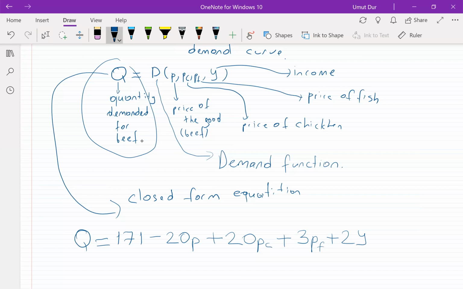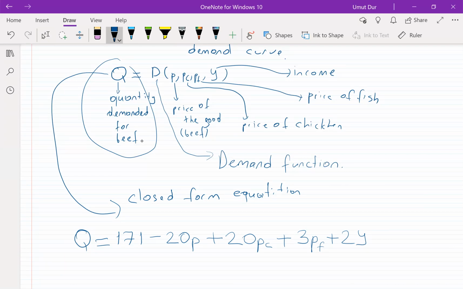So basically it is saying that when the prices of all goods are zero and you don't have income, somehow you demand 71 kilograms of beef in a year. For example, if the price of beef increases by 1, then your quantity demanded will decrease by 20.